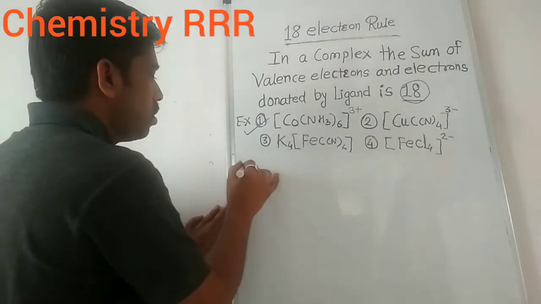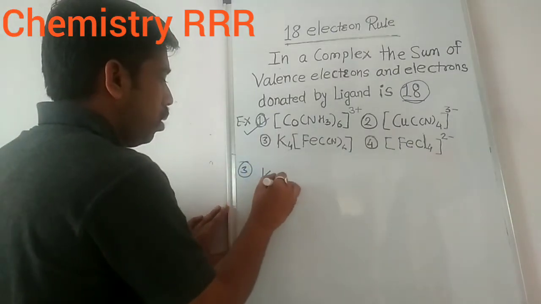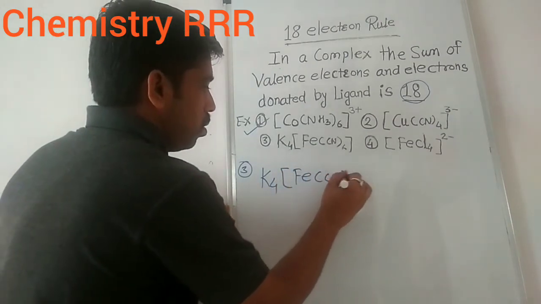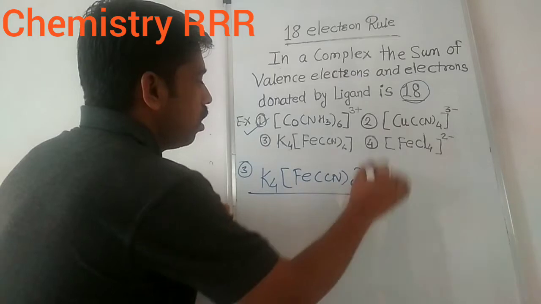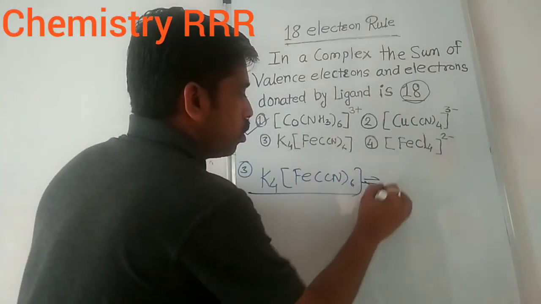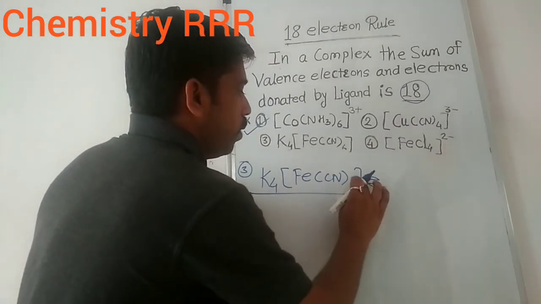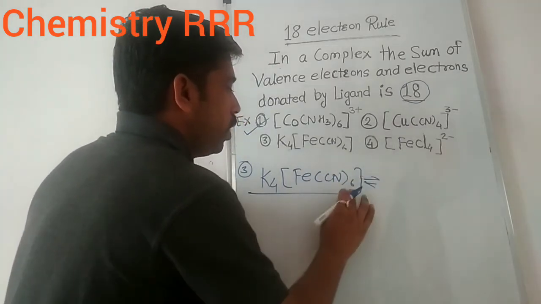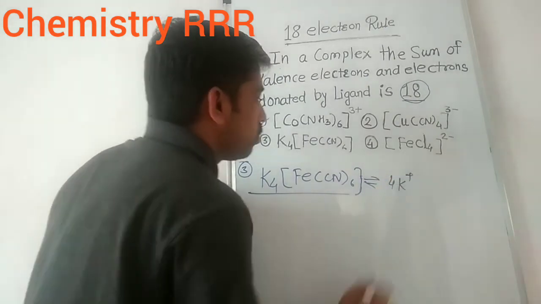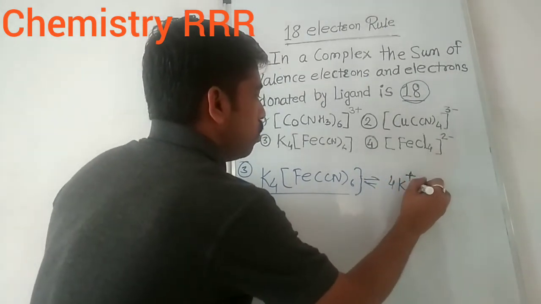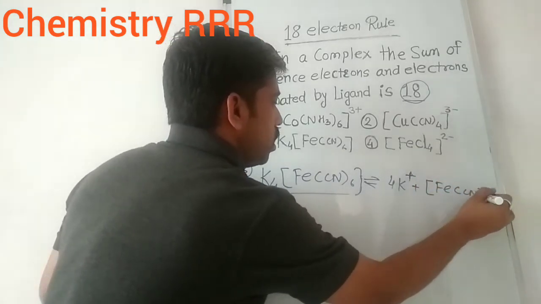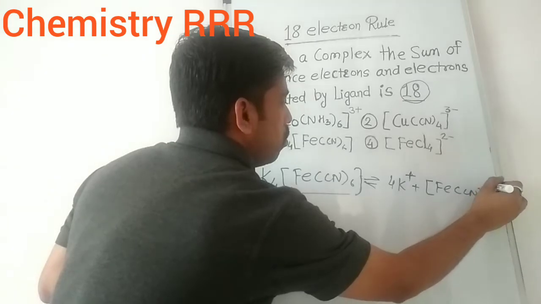Now let's discuss the third example. Our third example is K4[Fe(CN)6]. First we have to determine the oxidation state of the central metal atom. For such complexes, while determining the oxidation state, we dissociate it for our understanding: 4K plus and [Fe(CN)6] minus 4.